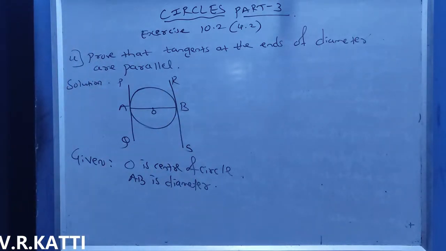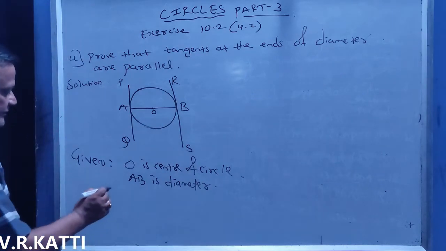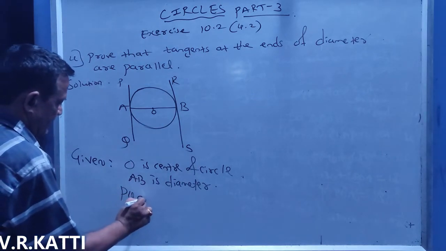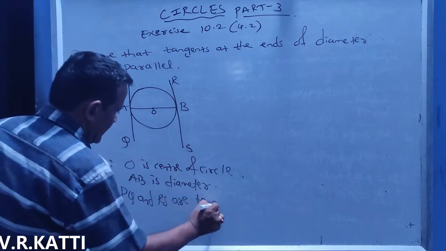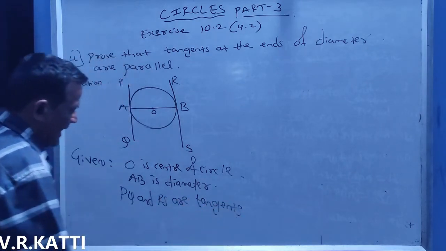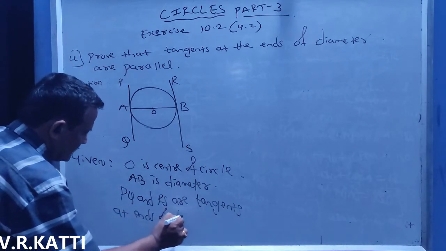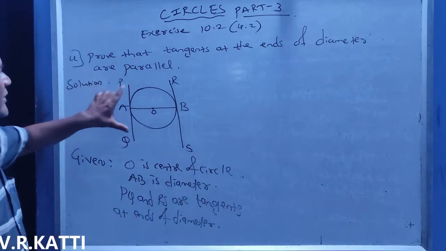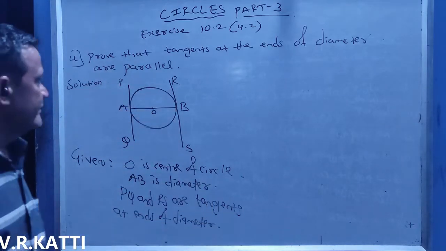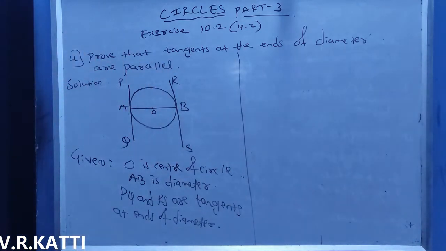AB is the diameter. PQ and RS are tangents at the ends of the diameter.